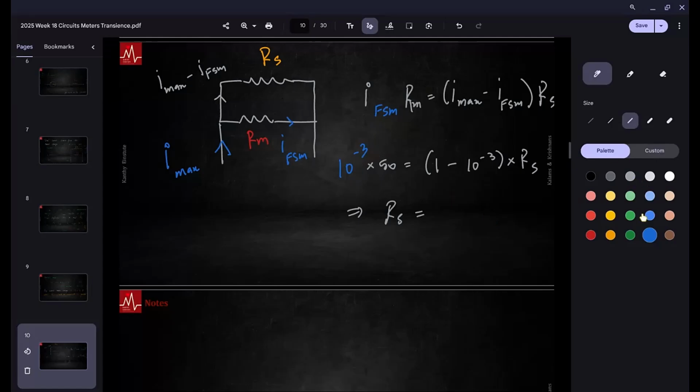What I get is 0.0500. So let me again put this in perspective. 1 milliamp out of 1 amp goes through RM.